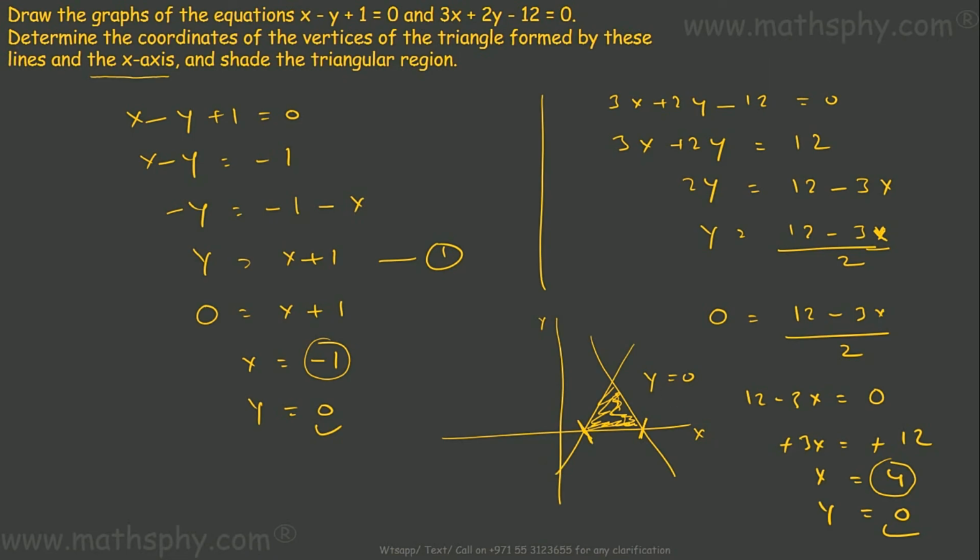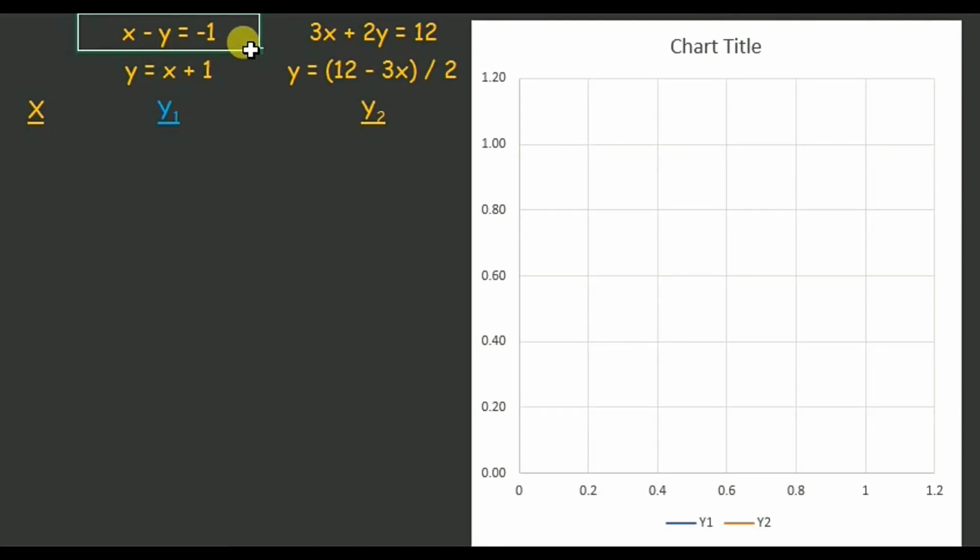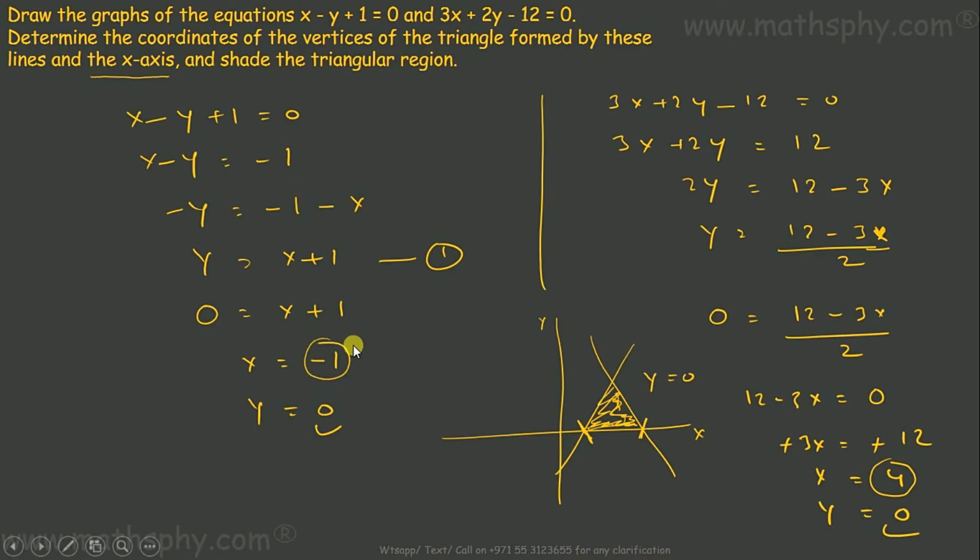Now let's plot them into the graph. x minus y is equal to negative 1 gave me y is equal to x plus 1, and this one y is equal to 12 minus 3x over 2. Let's take some x values. As I said, I have to take x as negative 1 because that will give me y as 0 for this equation, and then I have to take x as 4, which will give me y as 0 for this equation. So let's take x as negative 1 and 4.